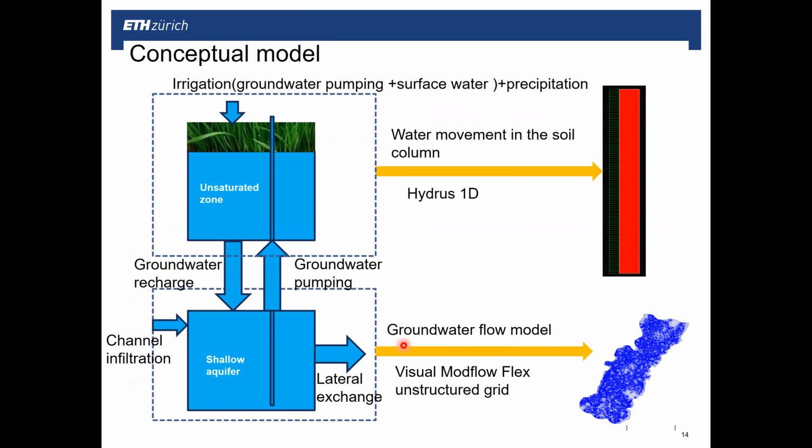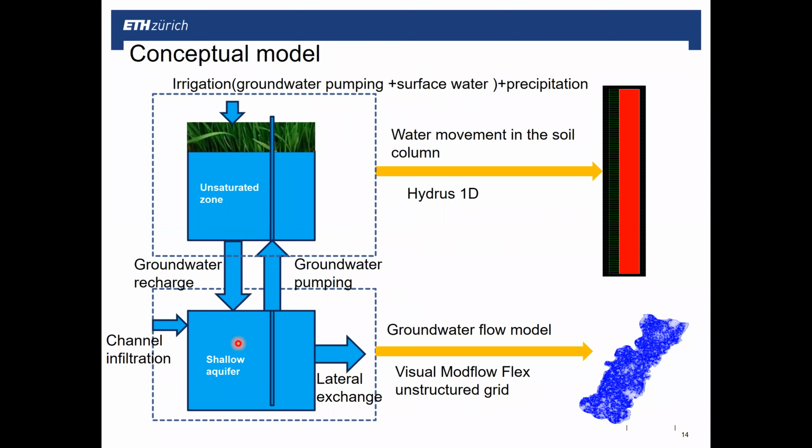And like I said before, the main irrigation is from groundwater pumping, and also partly from surface water diversion. And plus the irrigation, all the water will go through the unsaturated zone and recharge the aquifer.